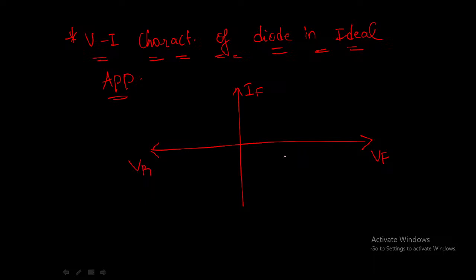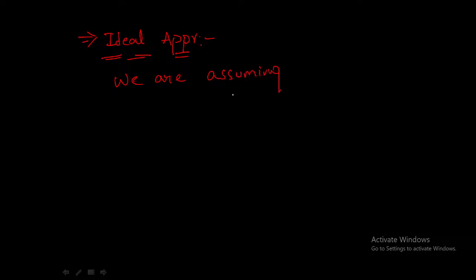Sorry, previously I have made some wrong statement. The correction is, in ideal approximation, what we are assuming is, if V external is 0 only, then the forward current will flow through our diode.